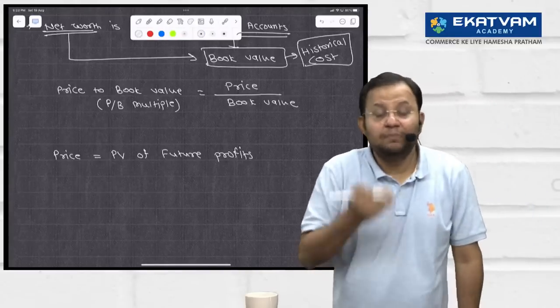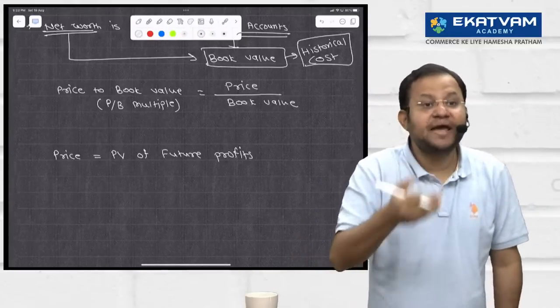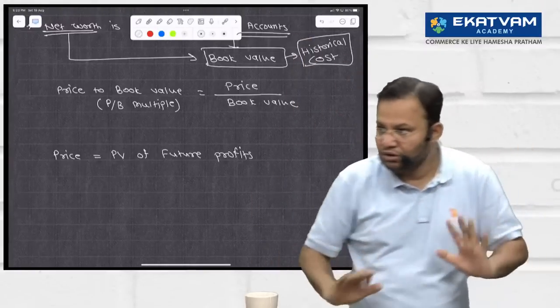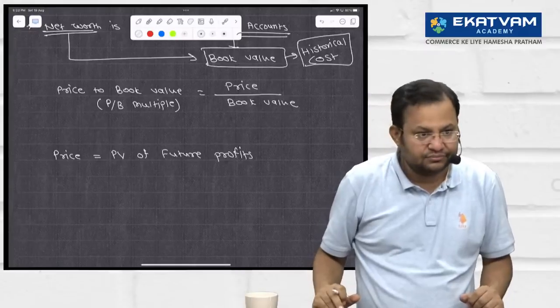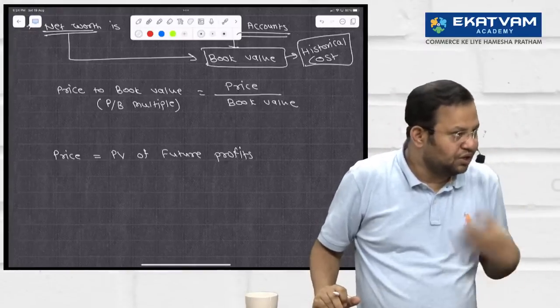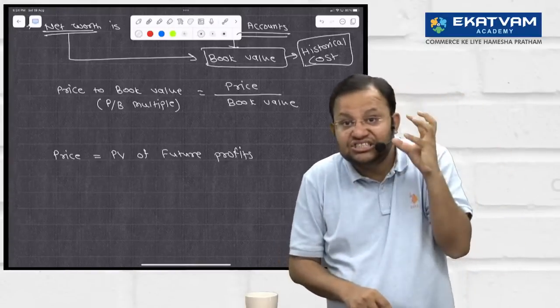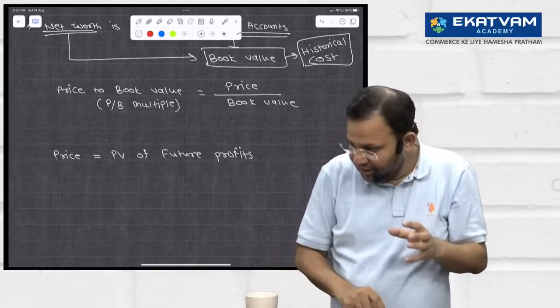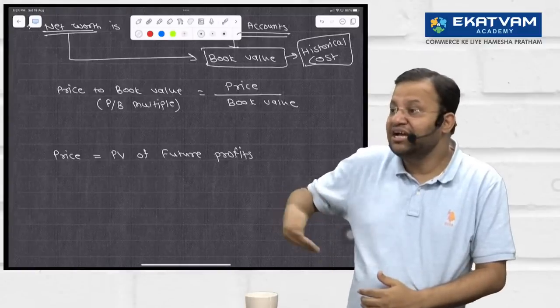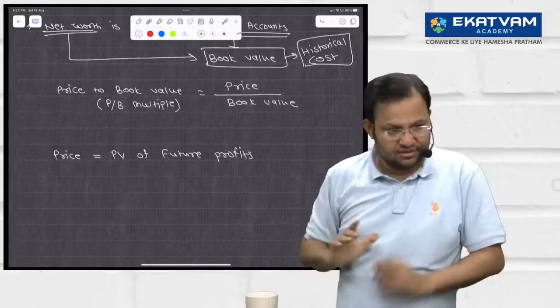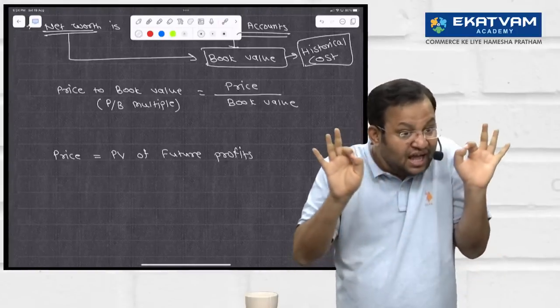This is going to help us in determining impairment loss. Later there is a chapter in Group 1 accounts. I am not teaching you useless things, we just need to create a link. What you show in a balance sheet is book value, but the price is something different. Price is for future profits. Both things are completely different.